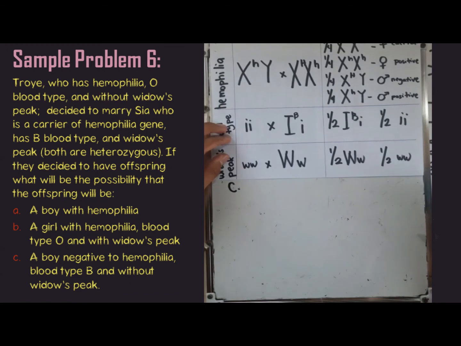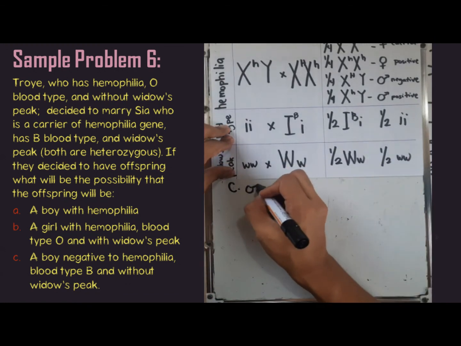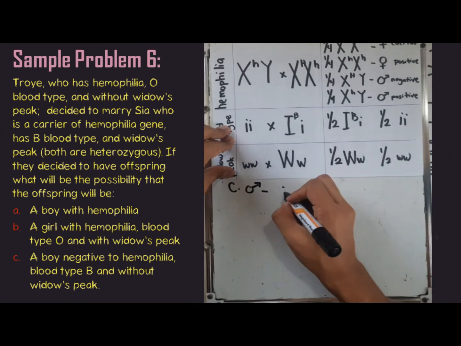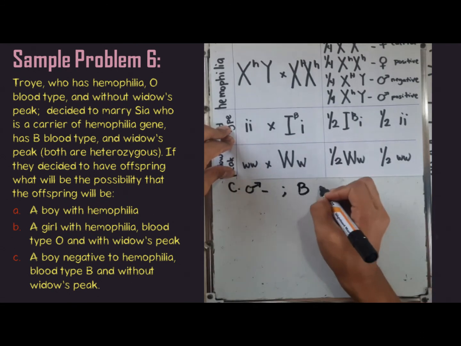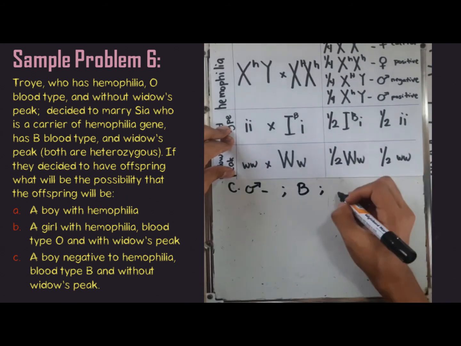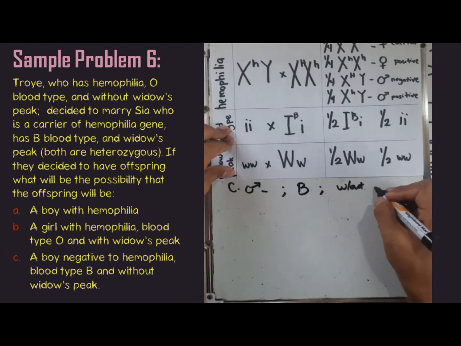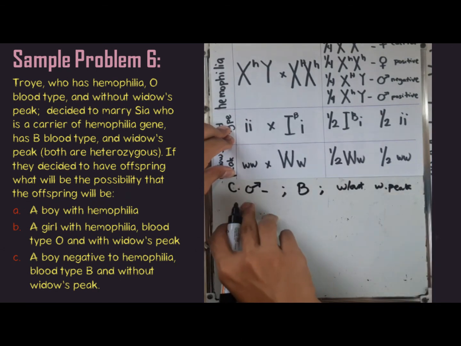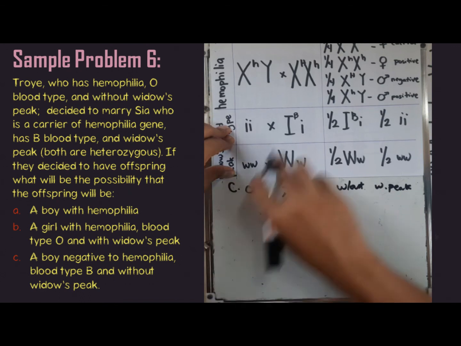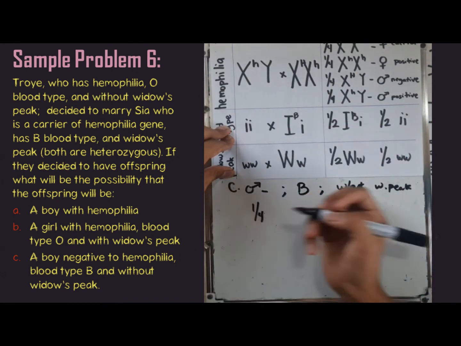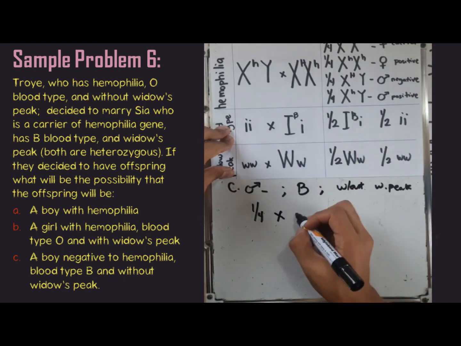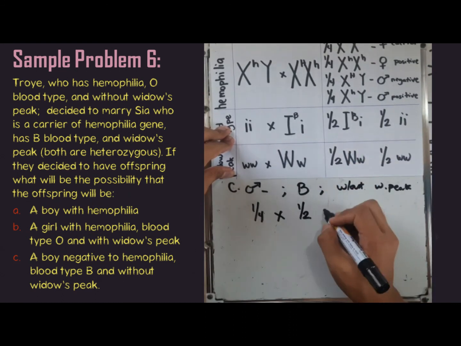For letter C, the question here is the probability that they would have an offspring which is a boy that is negative to hemophilia, possessing blood type B, and without widow's peak. Now, let's compute for the probability. A male which is negative to hemophilia is equivalent to 1/4 probability, times an offspring possessing blood type B, that is also equivalent to 1/2 probability.